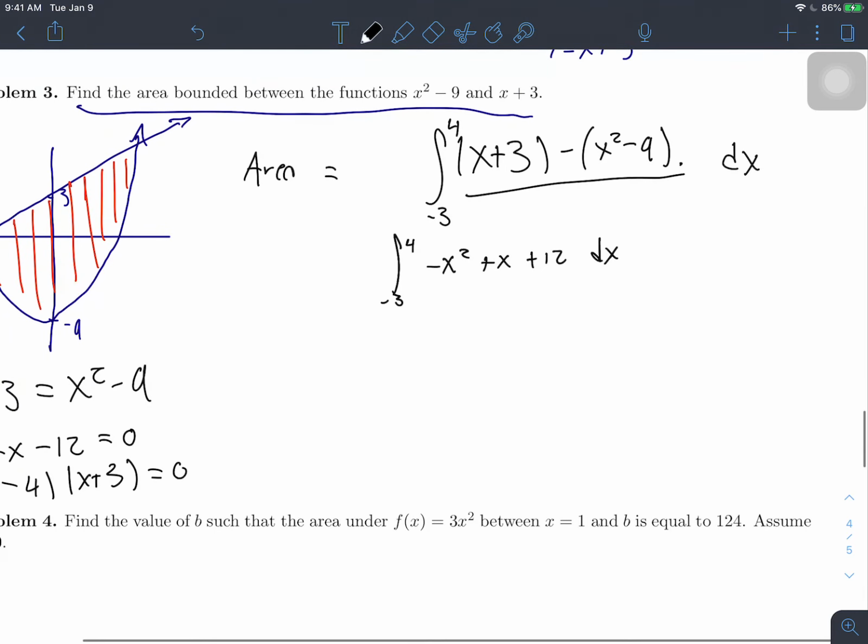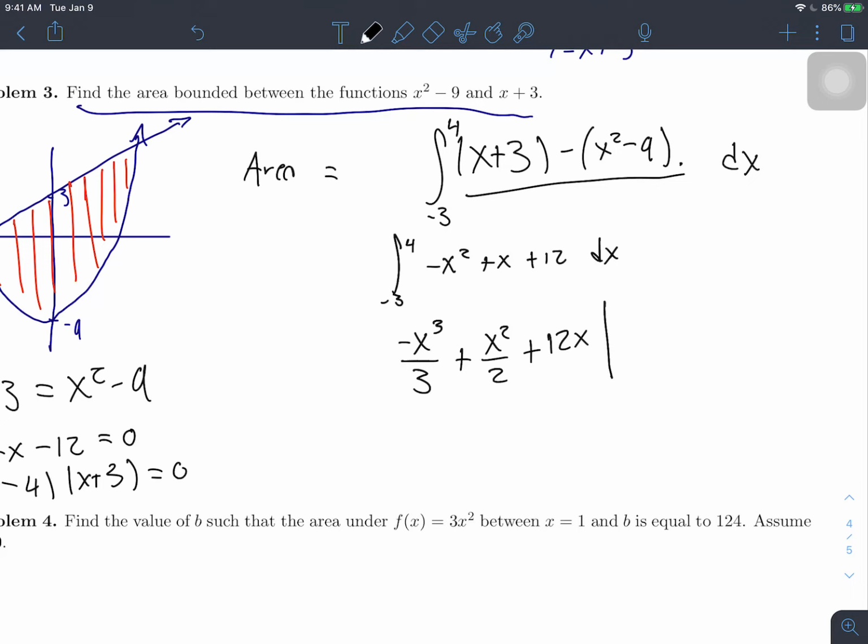We find the antiderivative. Negative x squared is going to become negative x cubed divided by 3, plus the x is going to become x squared over 2, plus the 12. What's the 12 going to become? 12x. Evaluate all of that at negative 3 and 4.